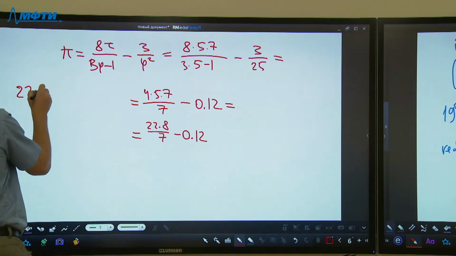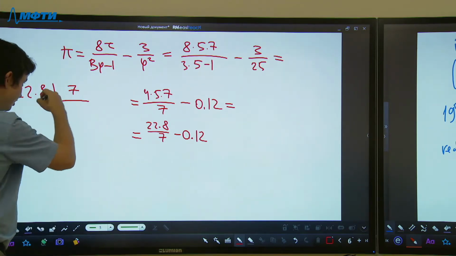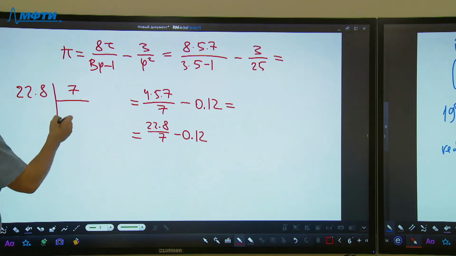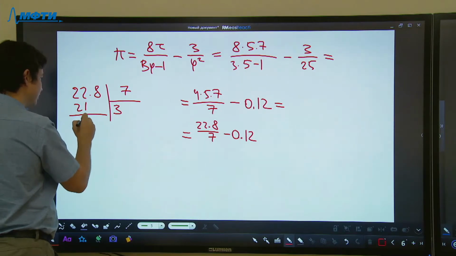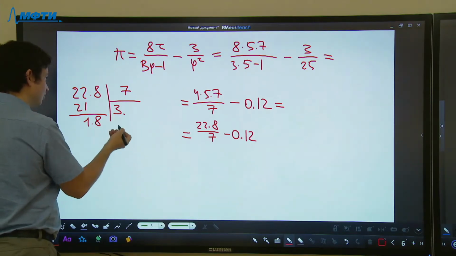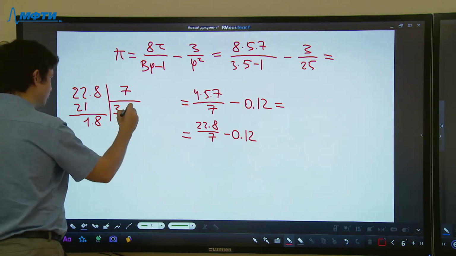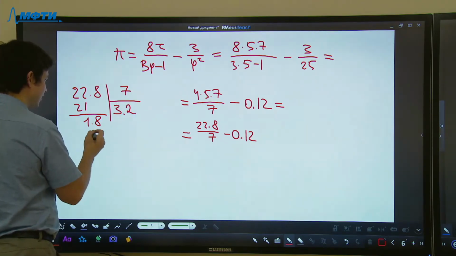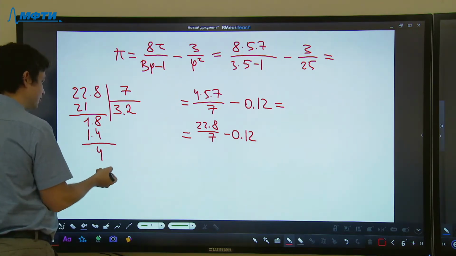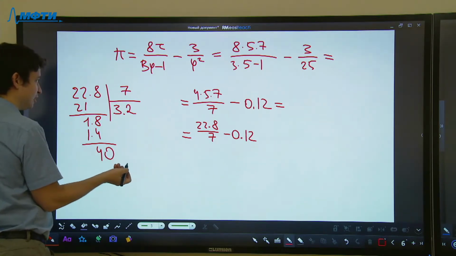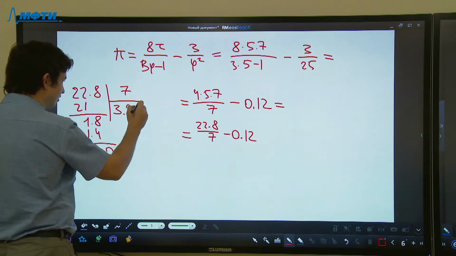So I remember my primary school and how to calculate these fractions. 22 over 7 gives me 3. That is 21. 22 minus 21 gives me 1. 1.8 over 7 gives me something like 2, but I have something left because I have 14. So that would leave me with 4. Now I have 40 here, so in order to get around with 40, I need to have, for example, something like 5.